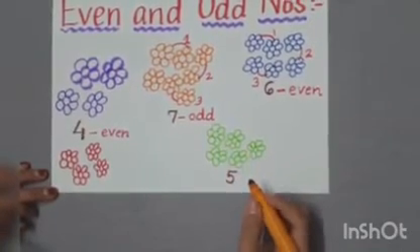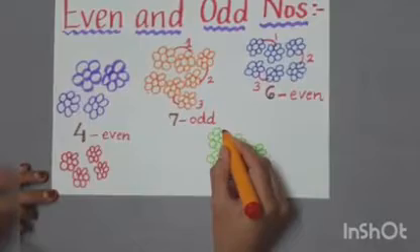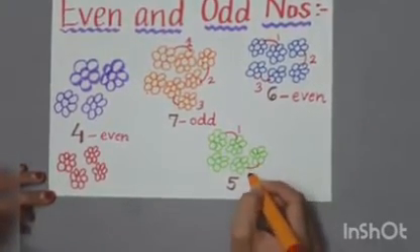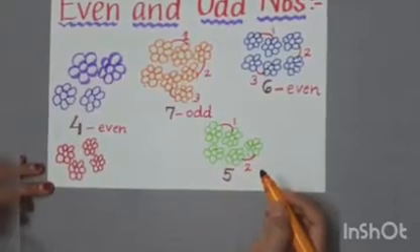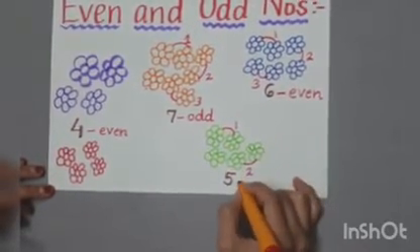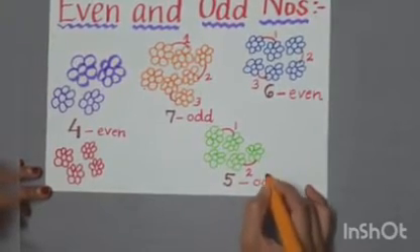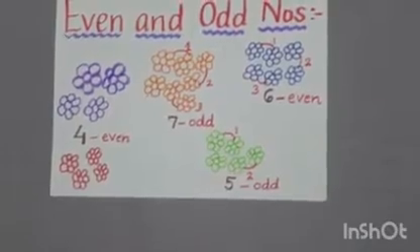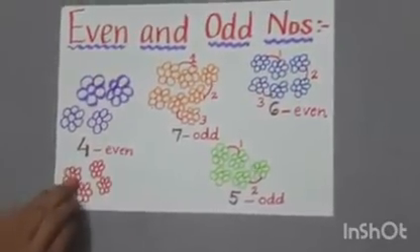Can I make pairs of these 5 green flowers? Let's see. First pair, second pair and one flower is still remaining. So it is an incomplete one. So 5 is a odd number because one flower is remaining into that. Yes or no? So now let's see an activity on this.